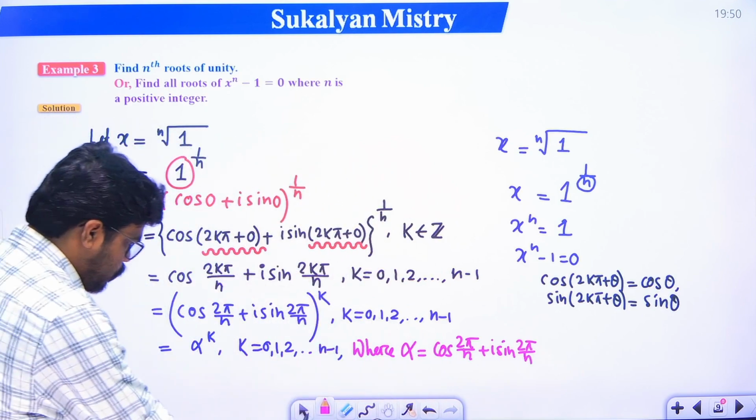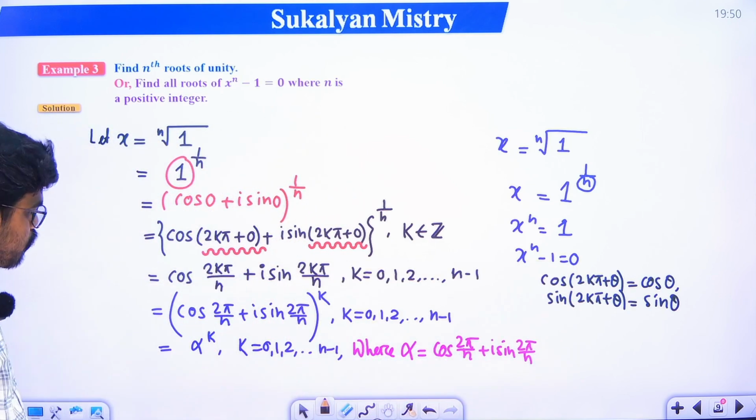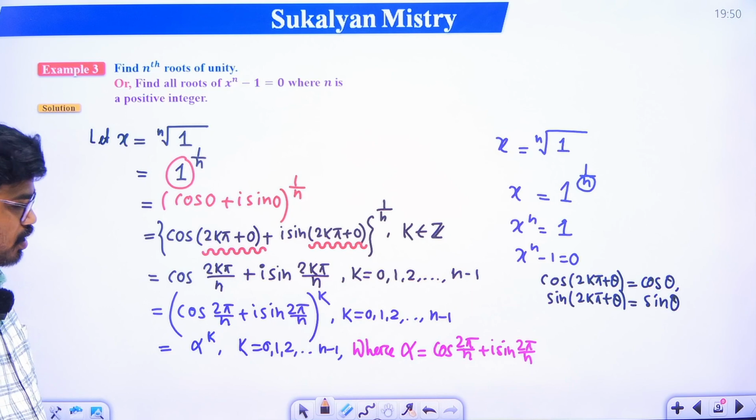If we put k equal to 0, we get 1. If we put k equal to 1, that is alpha.